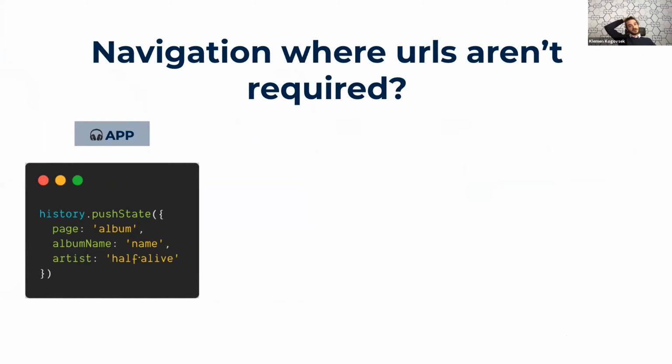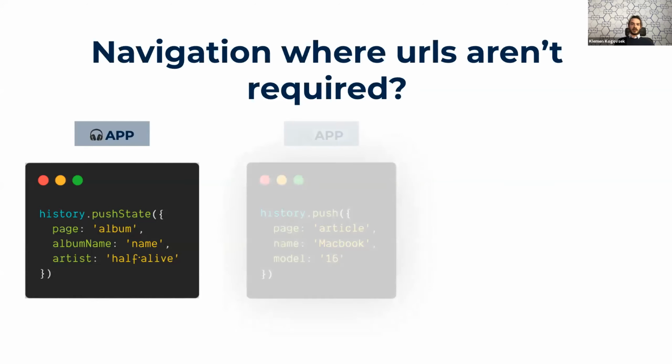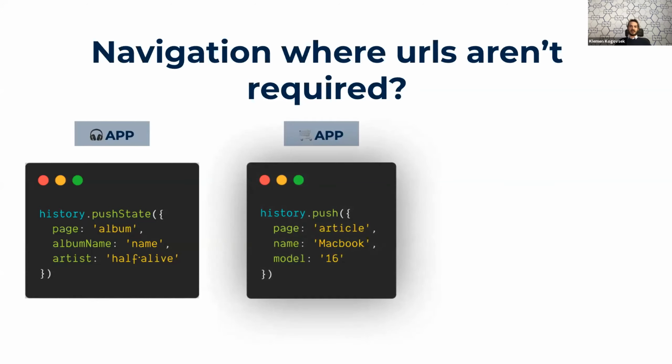We can also push the state, and it's represented just by a basic JS object. That way we can build something more like a router that fits our needs. We can stop using long path names and just give simple names to our screens. So we don't have something like first screen in the second menu. We can just name it as it is.